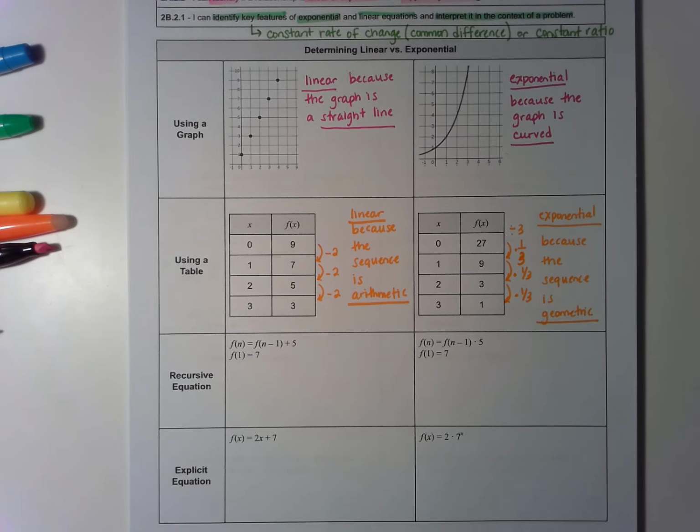You'll notice again, I didn't mention a graph here because I don't have a graph. I need to talk about the pattern and the type of sequence that I have.